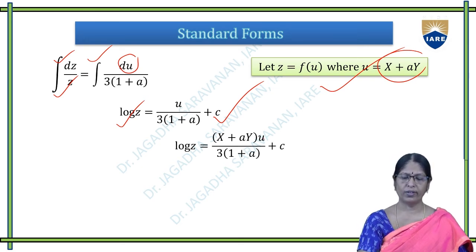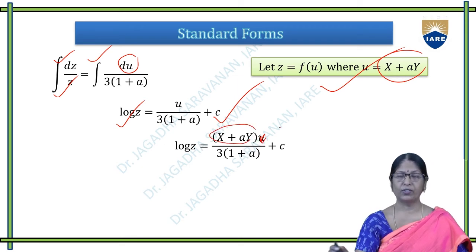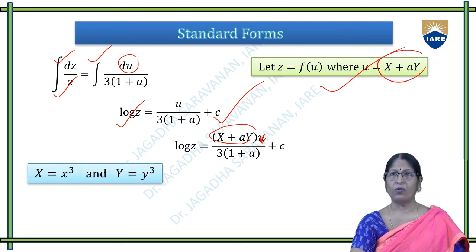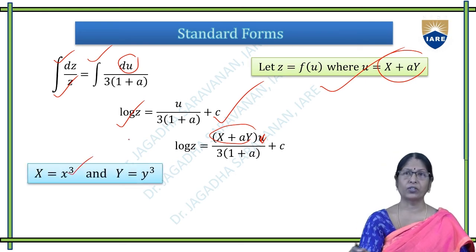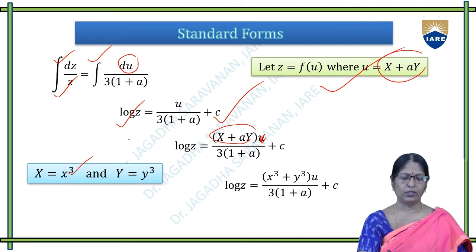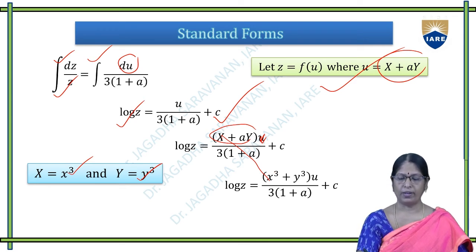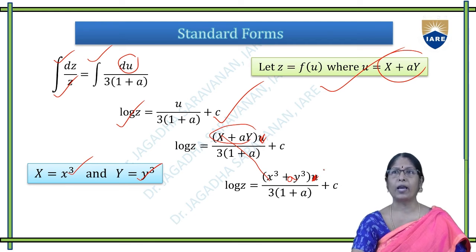So now log z equal to, completely we replaced it, that is u by capital X plus a capital Y. Our capital X, we know it, x cube. Capital Y is y cube. That x place replaced by x cube, and here a should be there. A into capital Y, it's nothing but a y cube divided by 3 of 1 plus a, plus c.